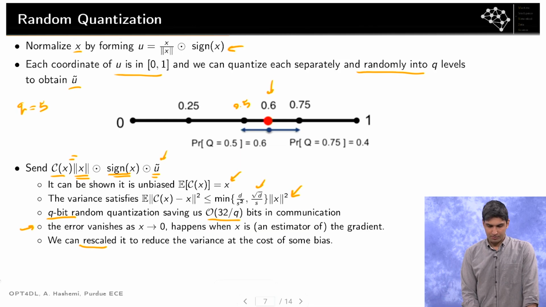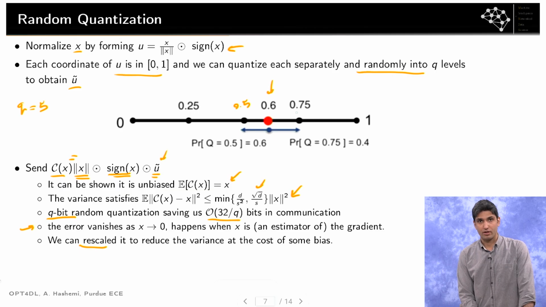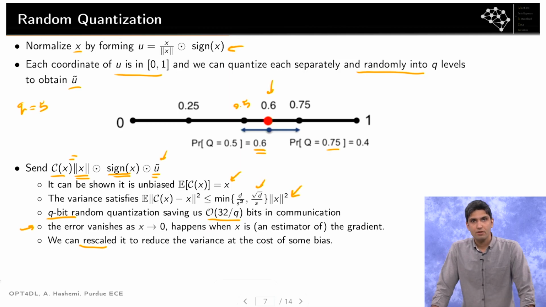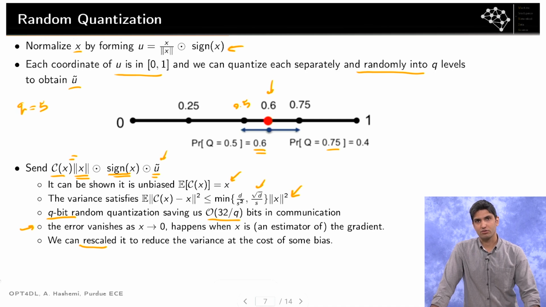Between 0.5 and 0.75, which are the two closest levels, 0.5 is closer, so we assign a higher probability to 0.5 than 0.75. That's the randomized strategy utilized in this QSGD random quantization strategy.